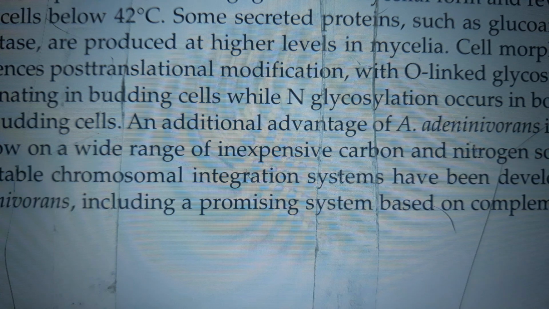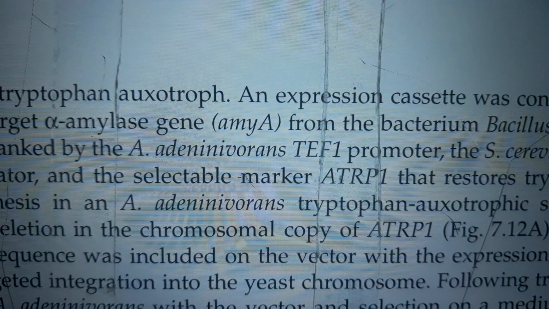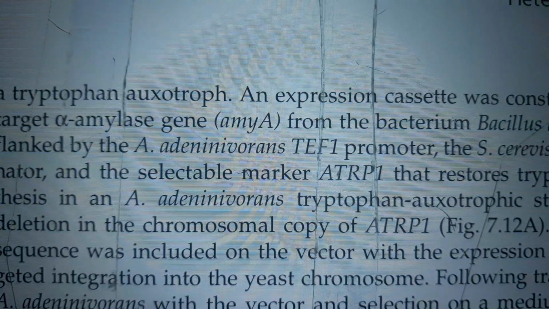An additional advantage of Arxula is the ability to grow on a wide range of inexpensive carbon and nitrogen sources. Stable chromosomal integration systems have been developed for Arxula, including a promising system based on complementing a tryptophan auxotroph.